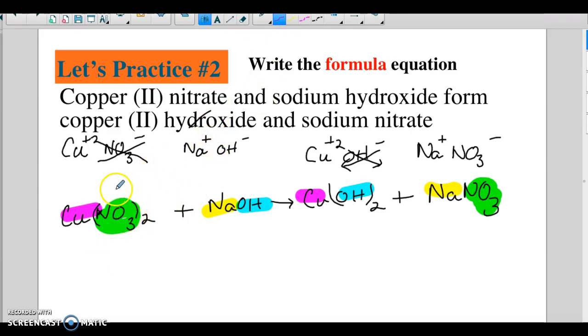There's 2 of them here, so I want to have 2 over here. And the only way to get 2 is to put a 2 here. Now I also have 2 sodiums. So I can go back, maybe fix my sodium. I have 2, I want 2 over here, so I have to put a 2 in front. Now I have 2 sodiums and 2 hydroxides by putting that 2 there. I have 1 copper, 1 copper. Here I have 2 hydroxides, 2 hydroxides, 2 sodiums, 2 nitrates. I'm done.